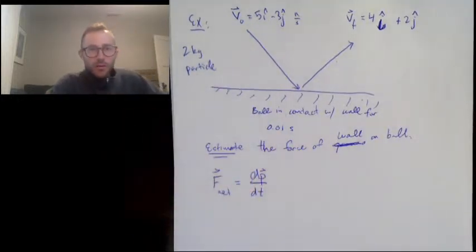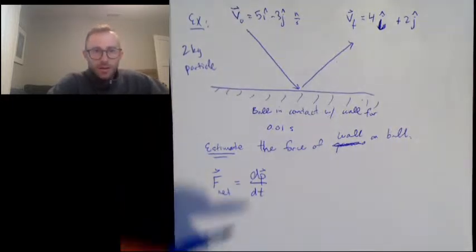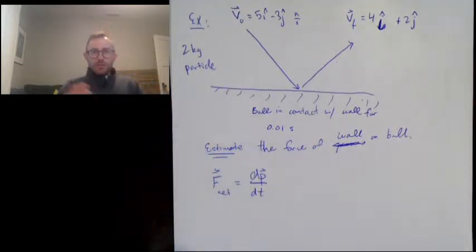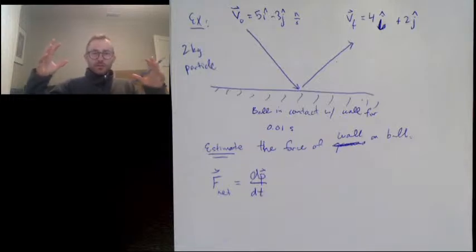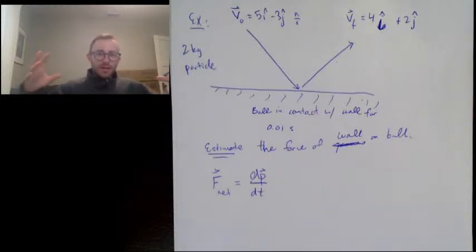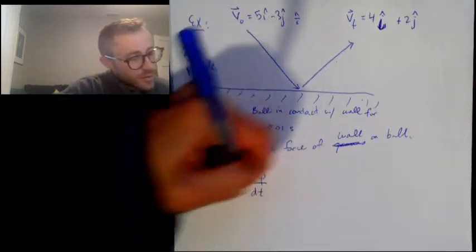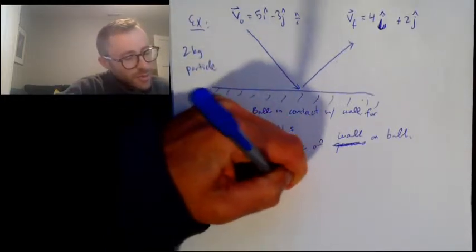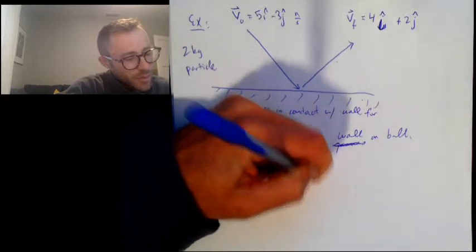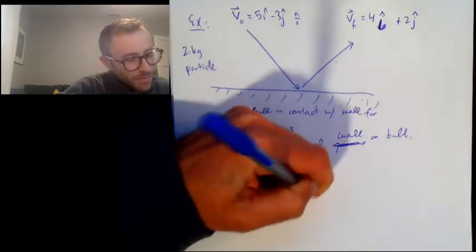But because I said estimate, remember the derivative is a limit as delta t goes to 0. If you don't let delta t go all the way to 0, you can approximate the derivative. So this is going to be approximately equal to just change in momentum over change in time.